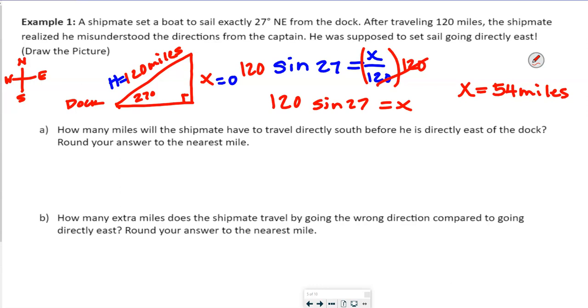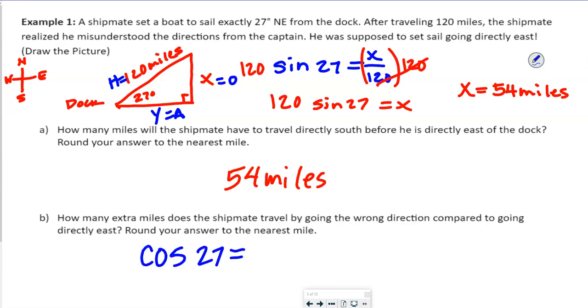So that was this answer, 54 miles. Then it says how many extra miles does the shipmate travel by going the wrong direction compared to going directly east? If we were going to do that, we would be solving for y. We still have the 27 degrees, and now we have the adjacent and the hypotenuse. So once again, we would do the cosine of 27 is equal to y over our 120.